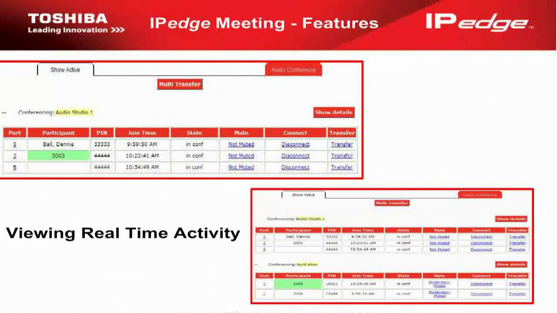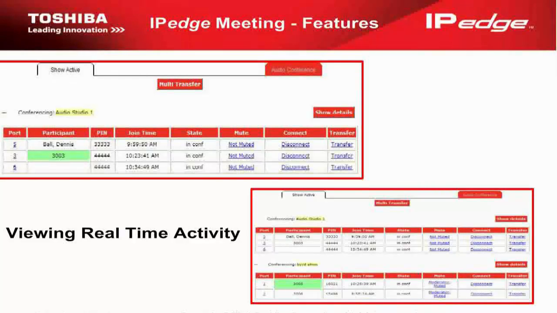While a conference is in progress, the user can use the RealView application to see the conference taking place in real time. The Show Active tab shows real-time activity associated with any and all services that are currently active. It can show details, mute, unmute, connect, disconnect, transfer, record, stop recording, and lock the conferences, the same as on the tabs for each specific service.